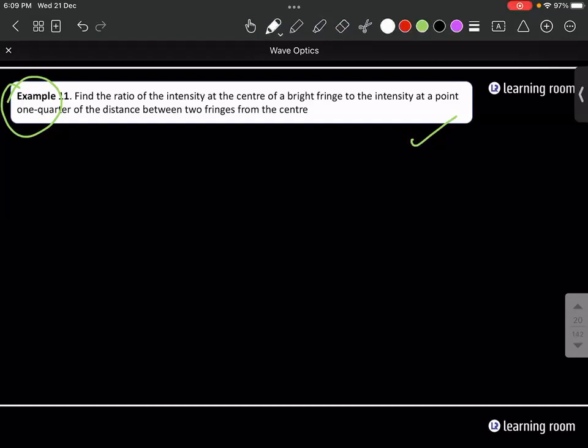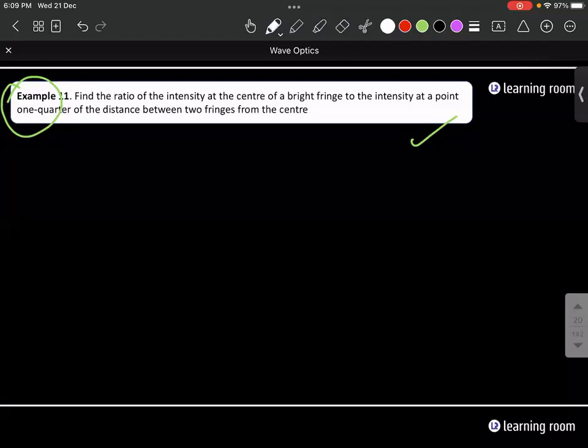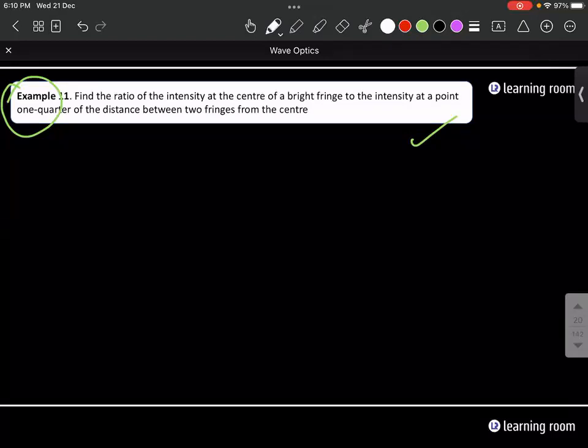Find the ratio of the intensity at the center of the bright fringe to the intensity at a point 1/4 of the distance between the two fringes from the center. So how to solve this?